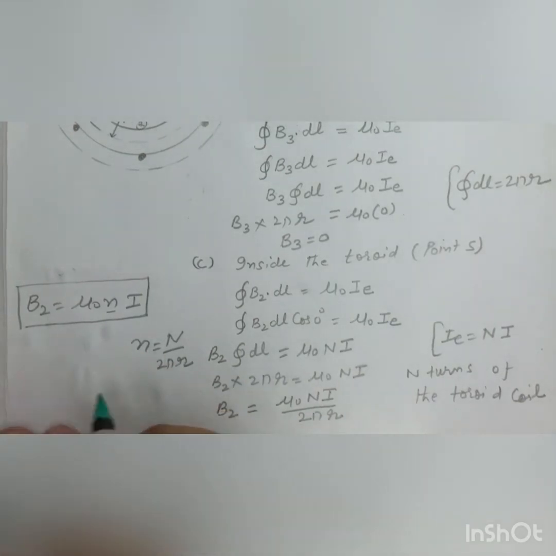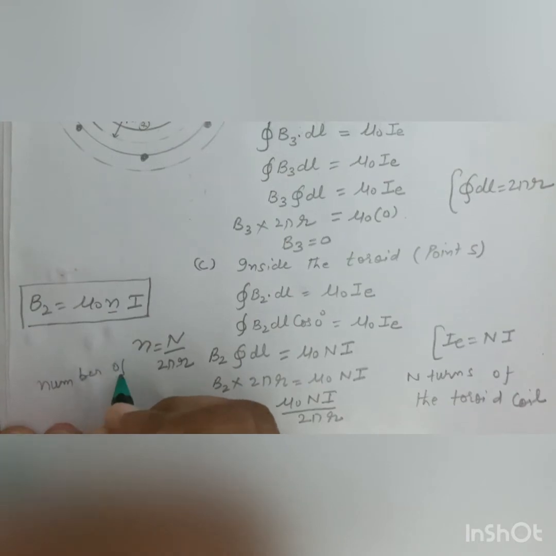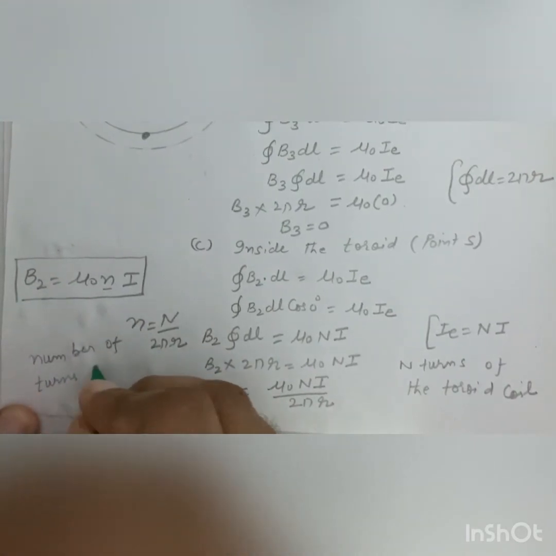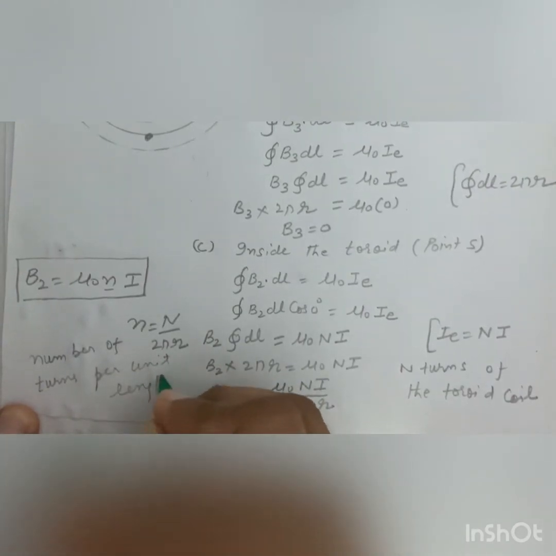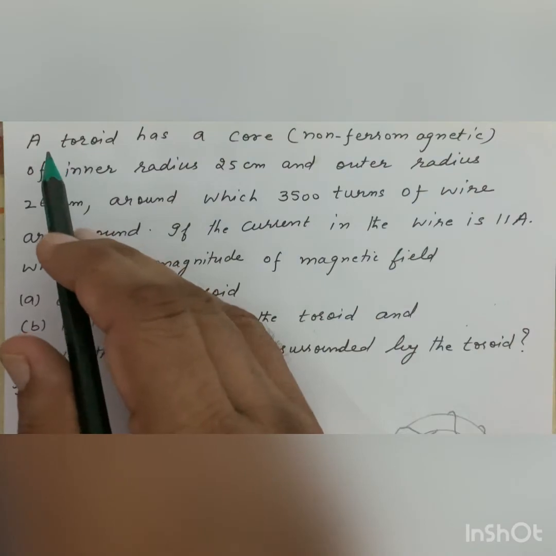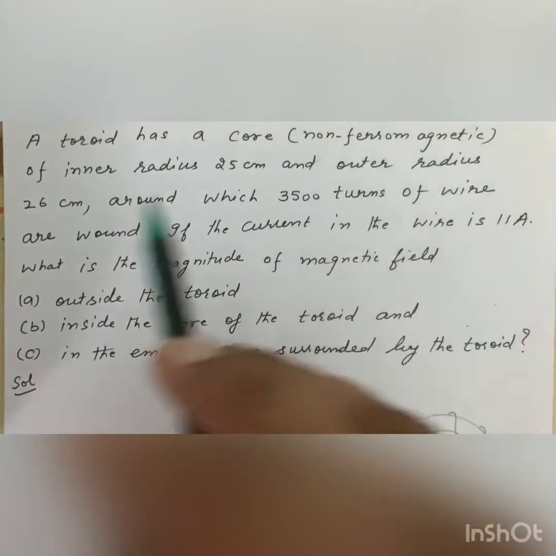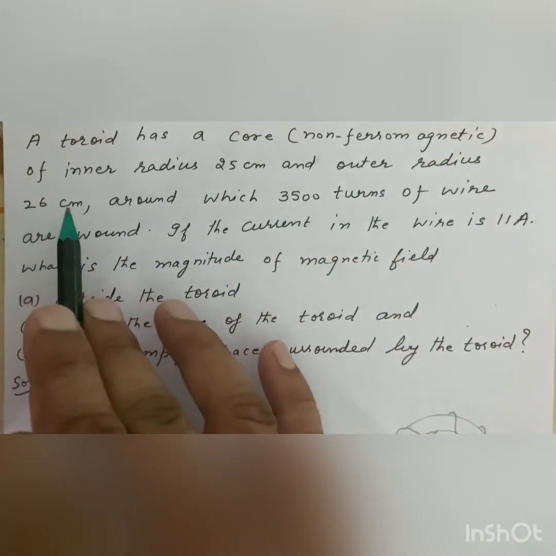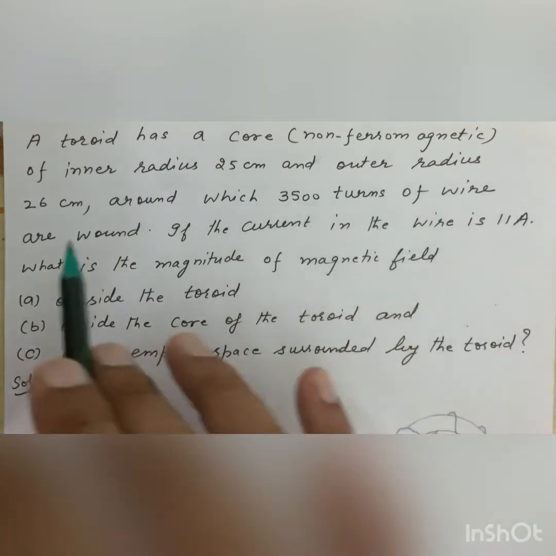Here n is the number of turns per unit length. Numerical: a toroid has a non-ferromagnetic core of inner radius 25 cm and outer radius 26 cm, around which 3500 turns of wire are wound.